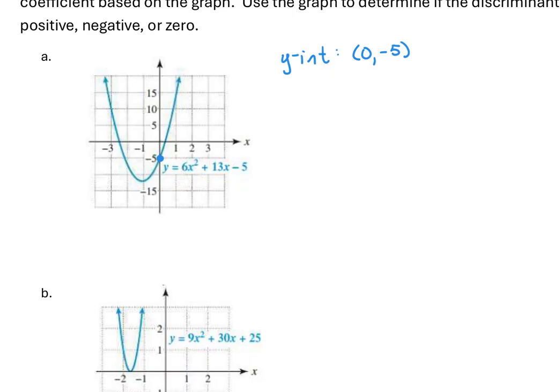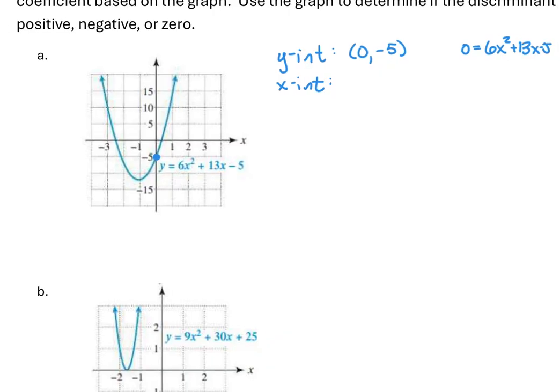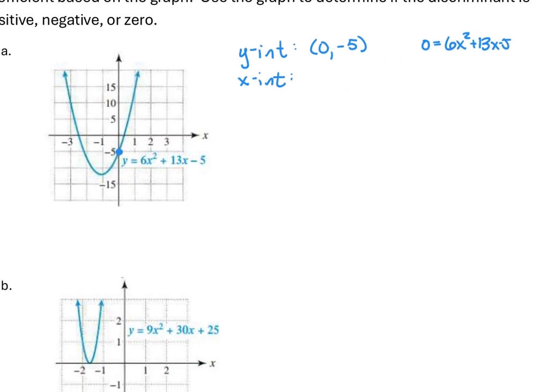We also want to find our x-intercepts. And here, because they are not nice on my graph, we should go ahead and try to find these algebraically. And so we are going to go ahead and plug in 0 for y. And we're going to try to factor this.